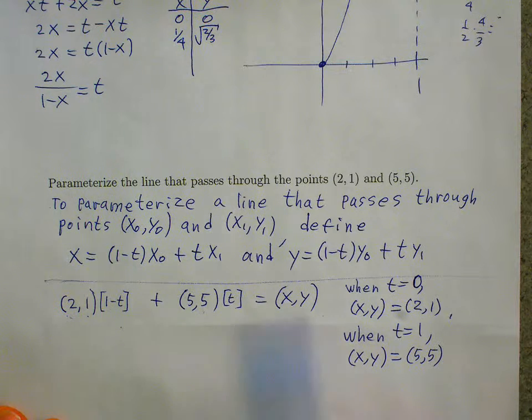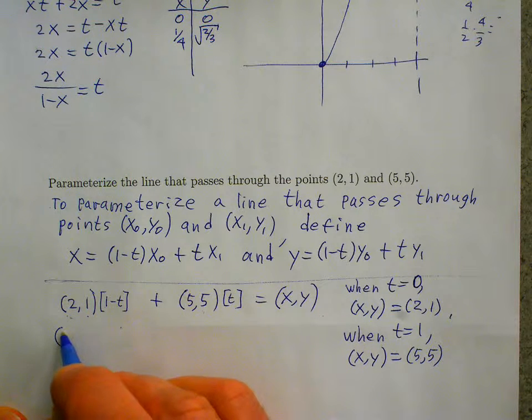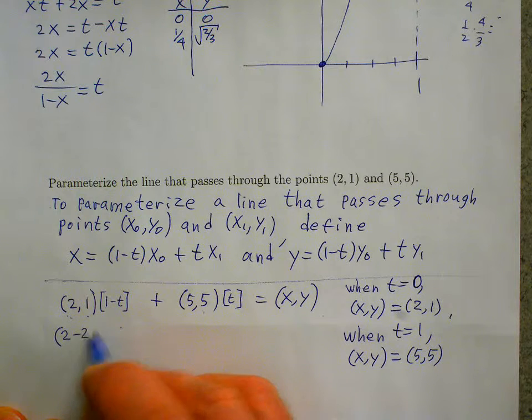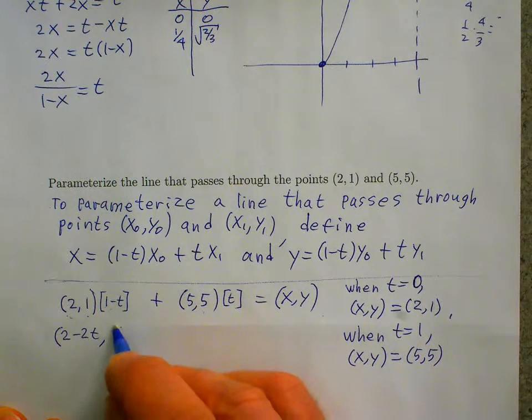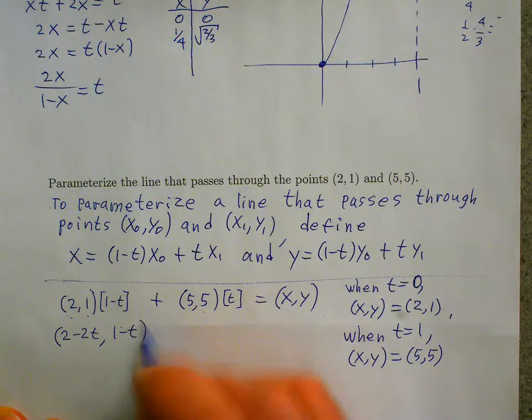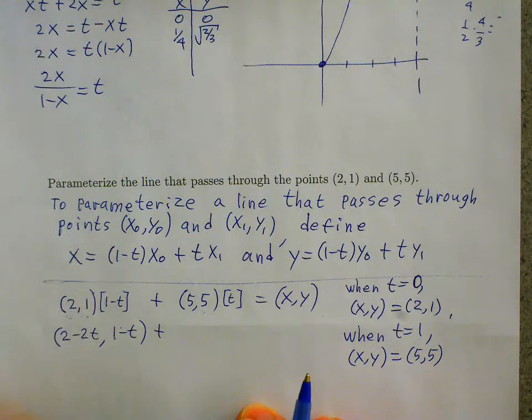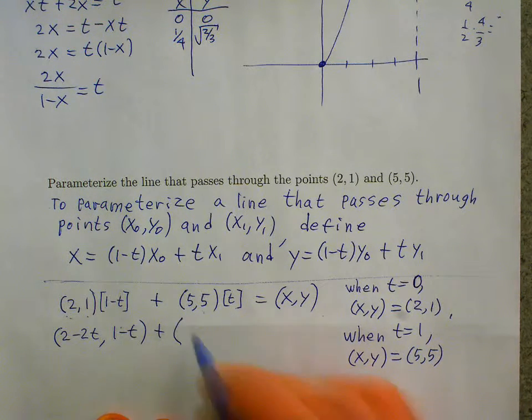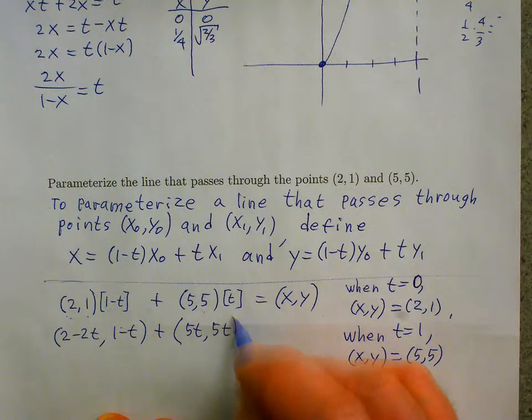Okay, so if we make this a little more conventional, if we multiply 2 times 1 minus t, we get 2 minus 2t for the x-coordinate, 1 minus t for the y-coordinate. And then in the other one, 5t for the x-coordinate and 5t for the y-coordinate.